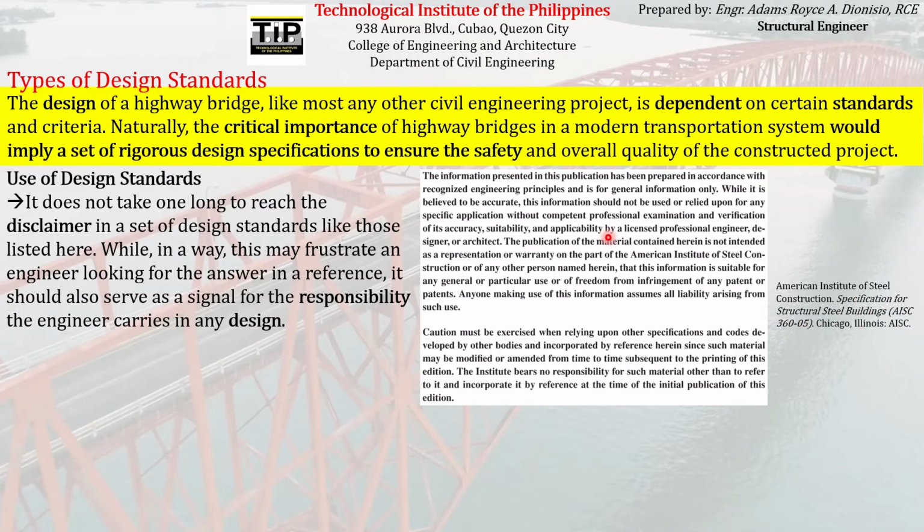You can see on this disclaimer, and on other design codes, that it was said here that while it is believed to be accurate, this information should not be used or relied upon for any specific application without competent professional examination and verification of its accuracy, suitability, and applicability by a licensed professional engineer, designer, or architect.